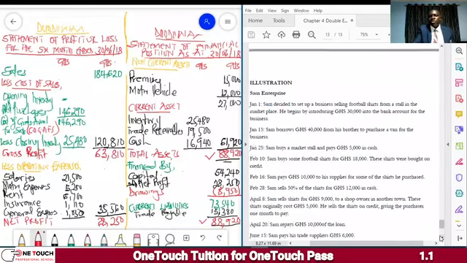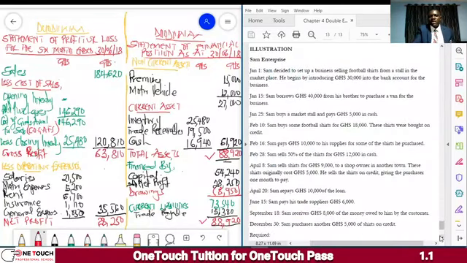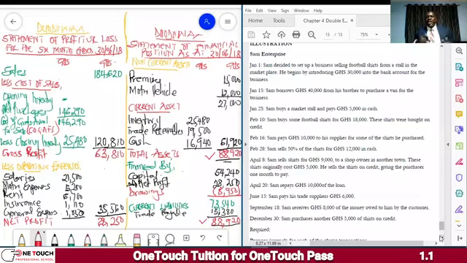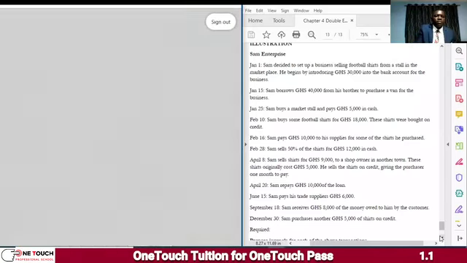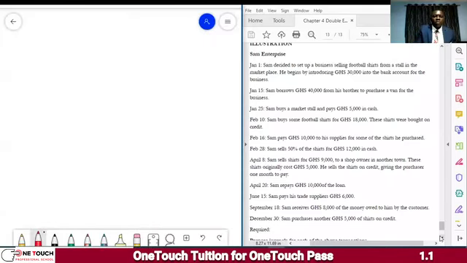So let's use that of the Sam Enterprise to learn how to record journal entries. So we have Sam Enterprise.